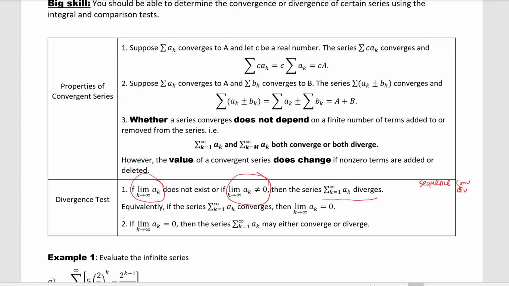The sequence converges means the limit of a sub k when k goes to infinity is a number. The sequence diverges means the limit of a sub k when k goes to infinity does not exist. It might go to infinity or minus infinity, or it might be a sequence oscillating between two numbers, like 1, minus 1, 1, minus 1, 1, minus 1. Then the limit does not exist. So that's about the sequence.